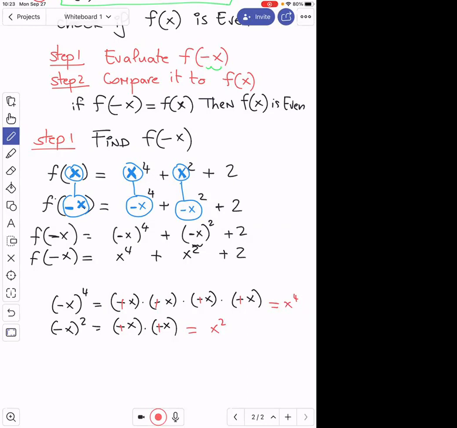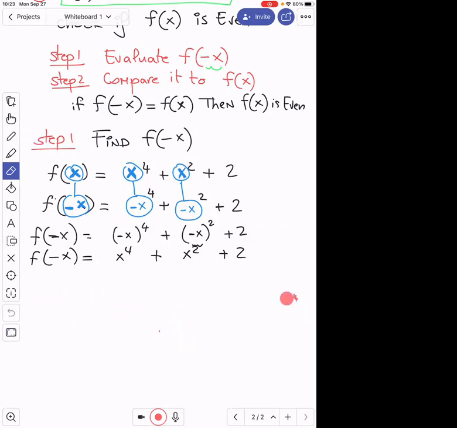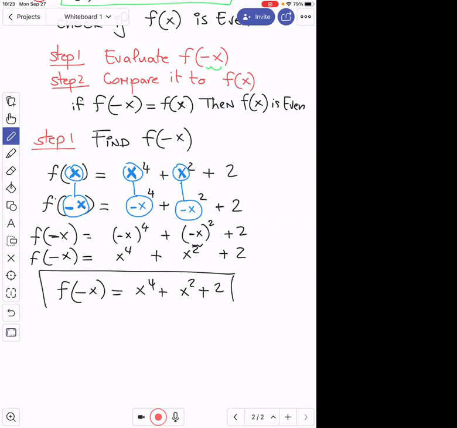I'm going to erase this right here. That's how I compute negative x to the power 4, etc. So I got my f of negative x, which is x fourth plus x squared plus 2.